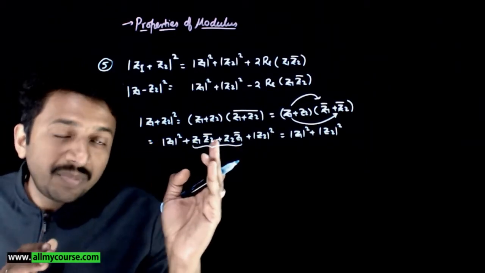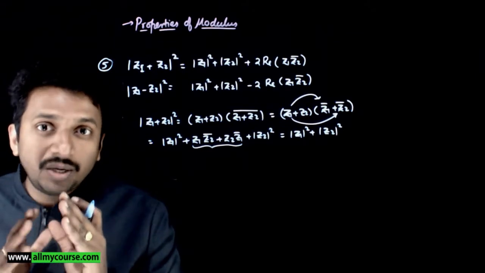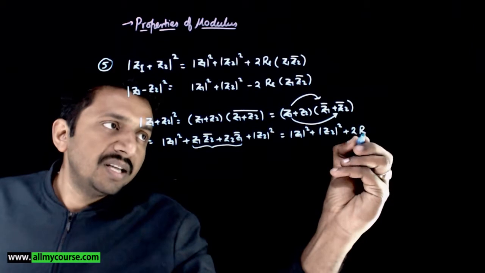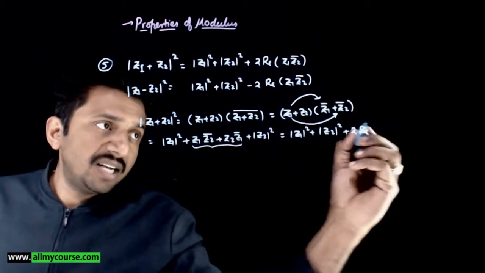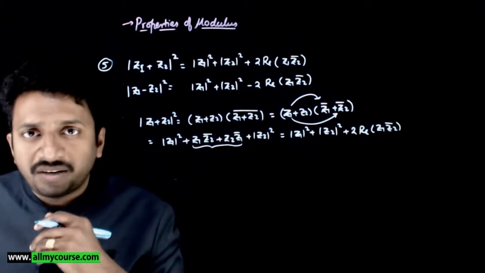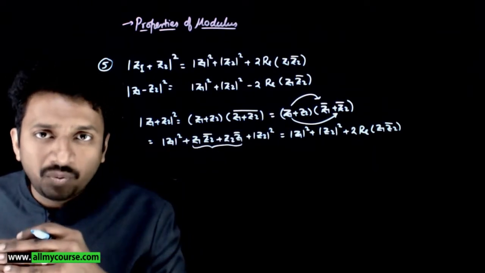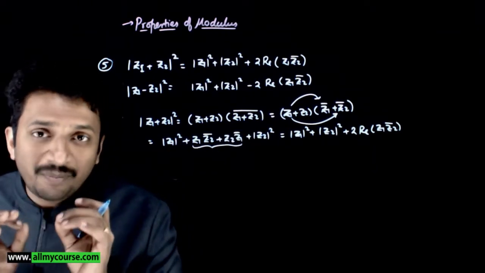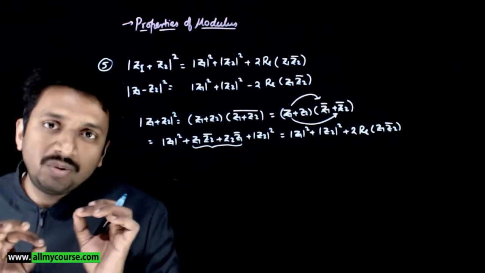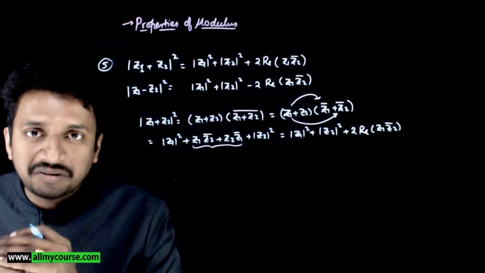So a complex number plus its conjugate gives you 2 times the real part of the complex number. So that is equal to 2 times real part of either z1 z2 bar or z2 z1 bar can be written. So you can write whatever you want, both will be same. Real part of z1 z2 bar will be same as real part of z2 z1 bar because both are conjugate to each other.